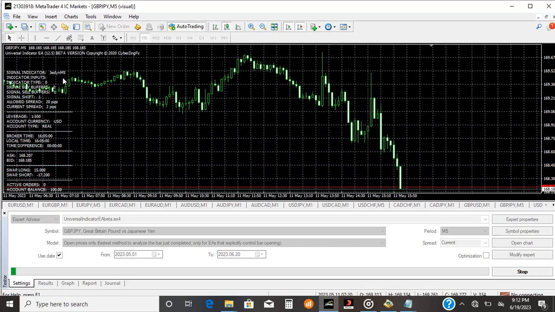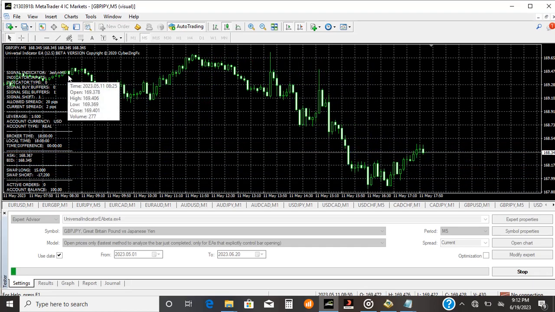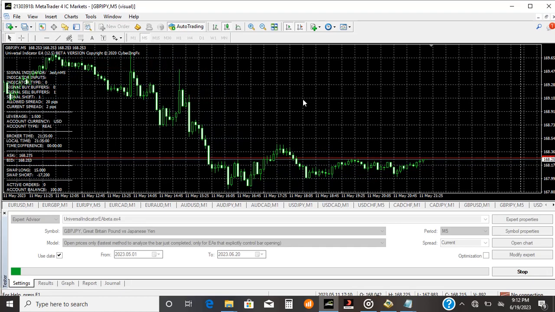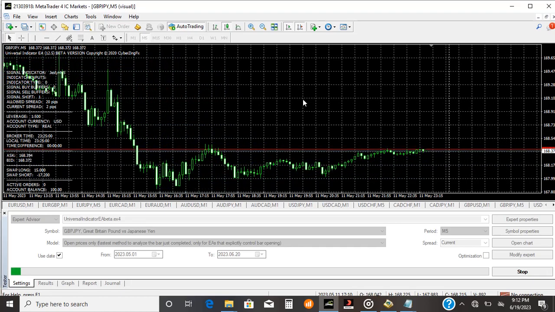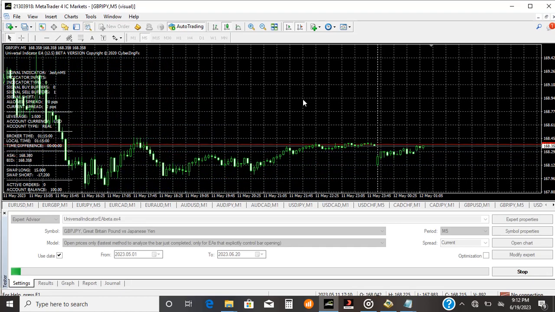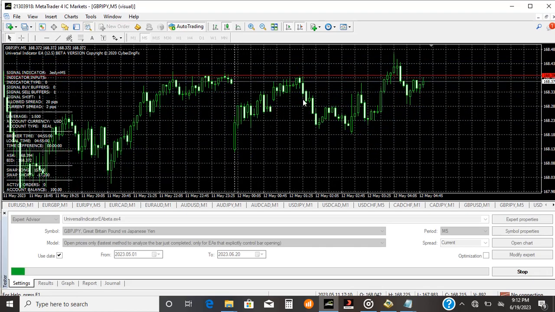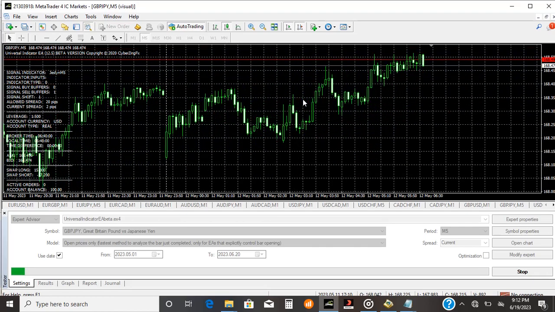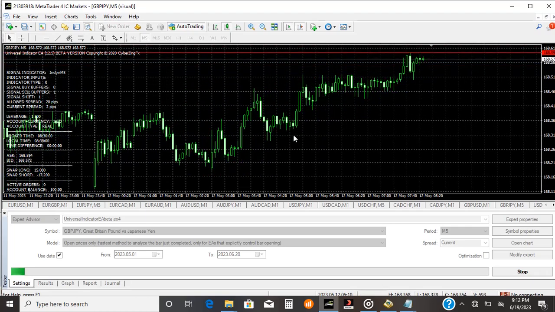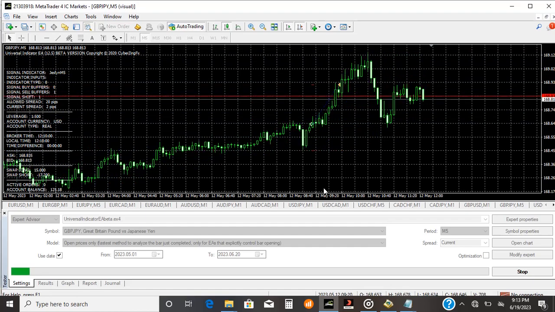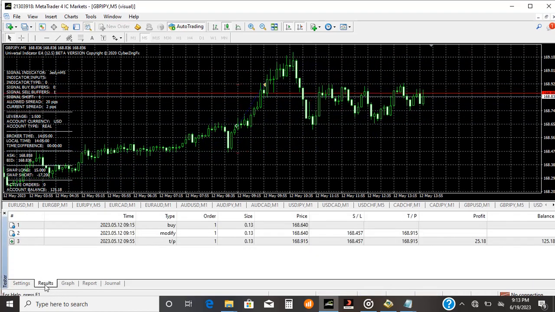So this is the name of the indicator, get universal EA. Just put in the name and it starts trading for you. It's very, very important to stick to the time frame. Okay, we have our first trade here. Let's monitor this here.